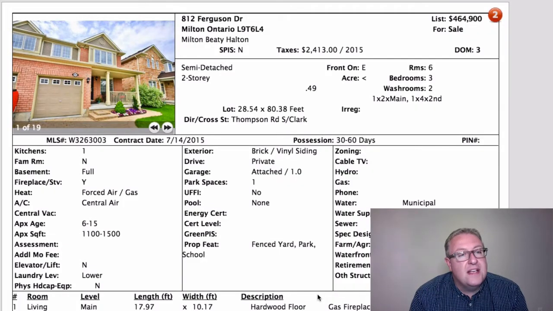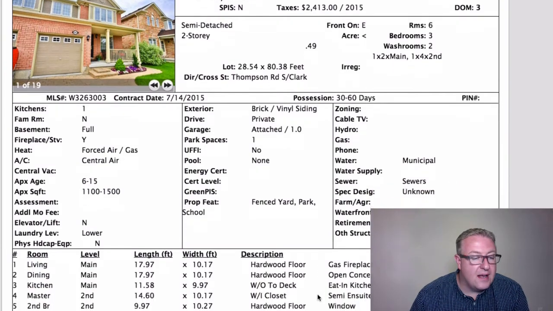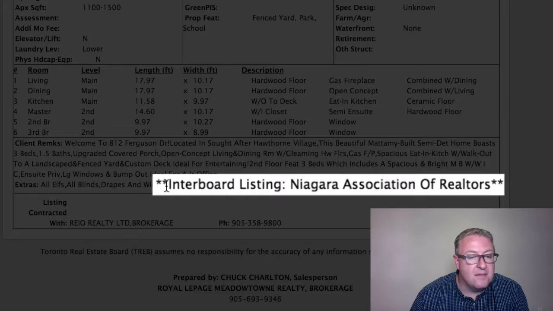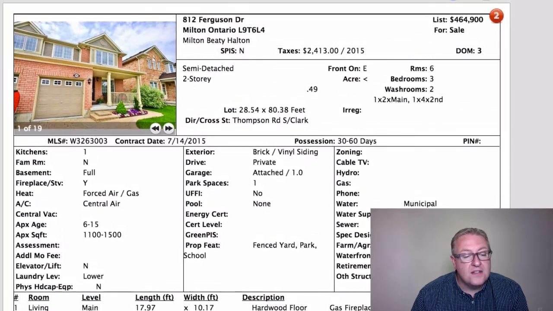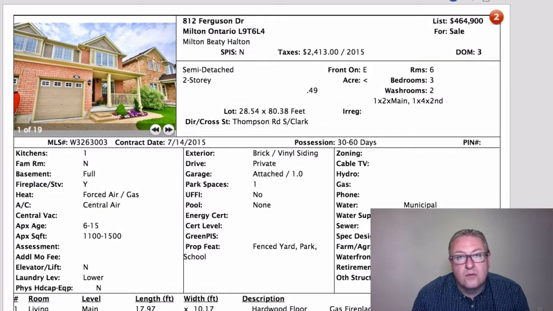Now the first one up is 812 Ferguson, 464.9. Funny enough, if you look at the bottom, it's an interboard listing, Niagara Association of Realtors. So these agents are not part of the Toronto Real Estate Board, which is the W right here. They paid $50 to put it on the Toronto board, which is smart, because you can only put listings on the board you're a home member of, and then you can pay a fee for the other ones.